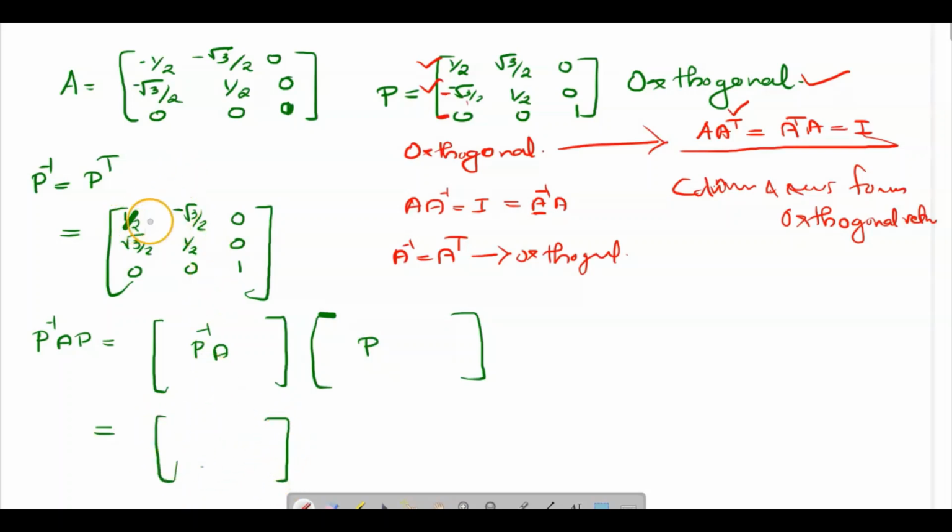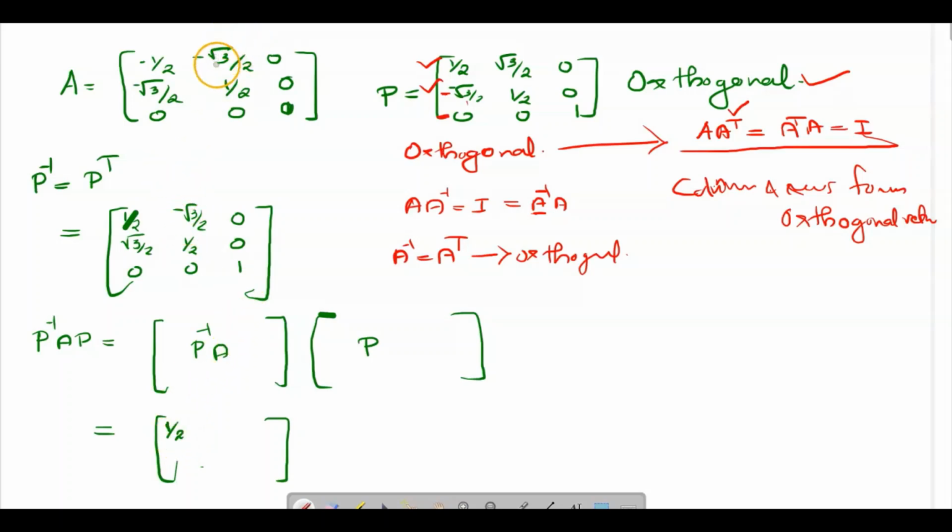Matrix multiplication, first row, first column: minus 1 by 4 plus root 3 into root 3 by 4, that is minus 1 by 4 plus 3 by 4, 2 by 4, so this is 1 by 2.